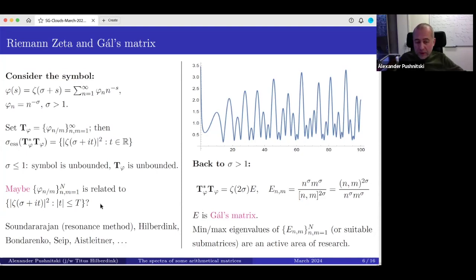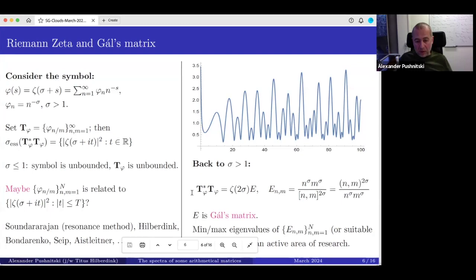So I'm not qualified to tell you about the results of this inquiry, but let me just say that many people contributed to this. So in some form, some aspect of it was known as Soundararajan's resonance method. My collaborator, Titus Hilberdink, contributed to this, and then it was picked up by other people, and there was some work in this direction.